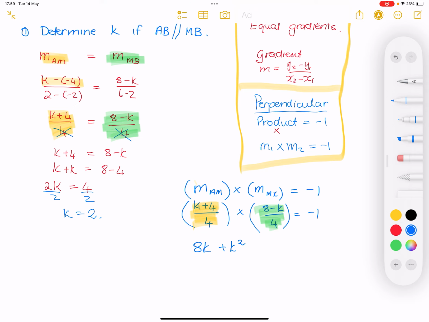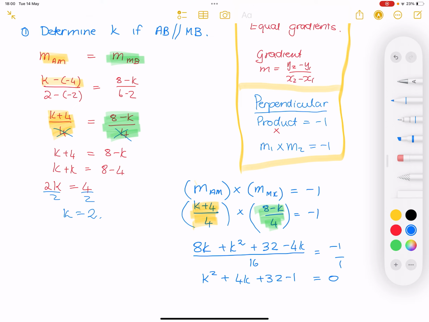And then 4 times k is 4k, 4 times 8 is 32, and 4 times minus k is minus 4k. Over 16 is equal to negative 1 over 1.